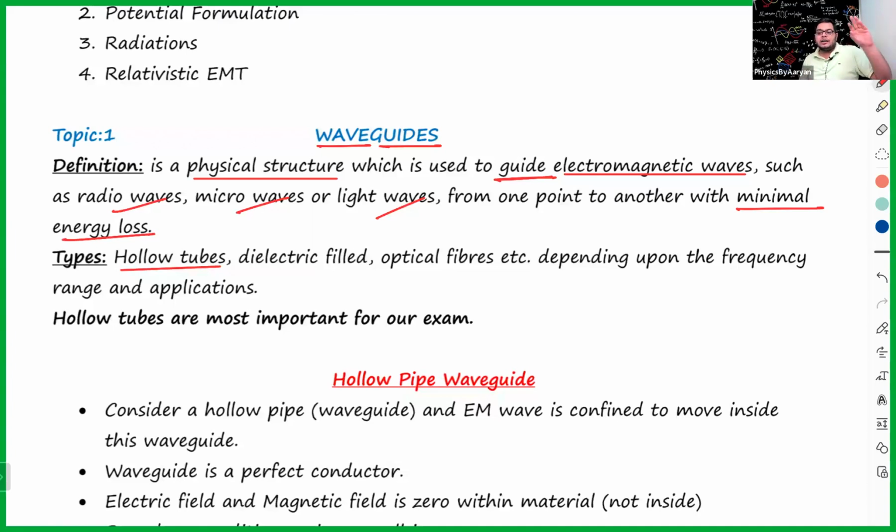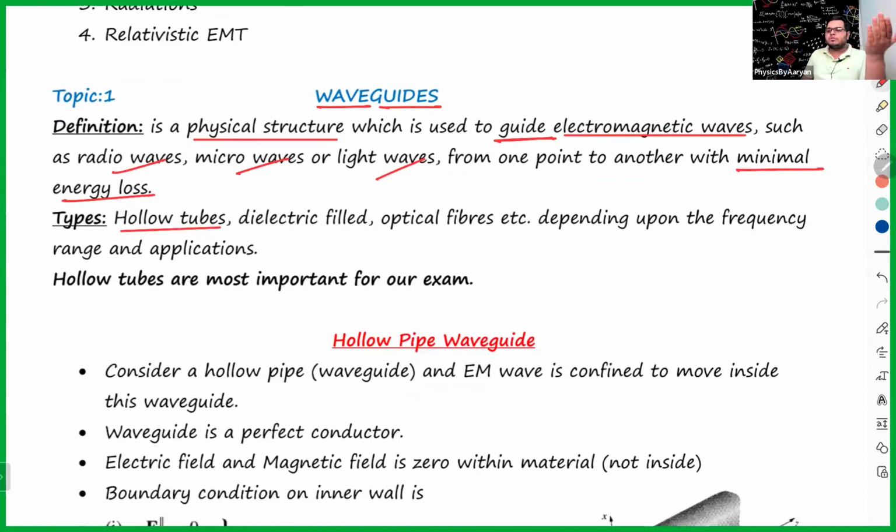For example, mica, some organic liquid, inorganic liquids. So inside the pipe, some liquid or some insulating material is filled. That becomes dielectric filled. Then optical fibers, as you know, used for internet communication, are also one of the waveguides. So these are some of the examples of waveguides.